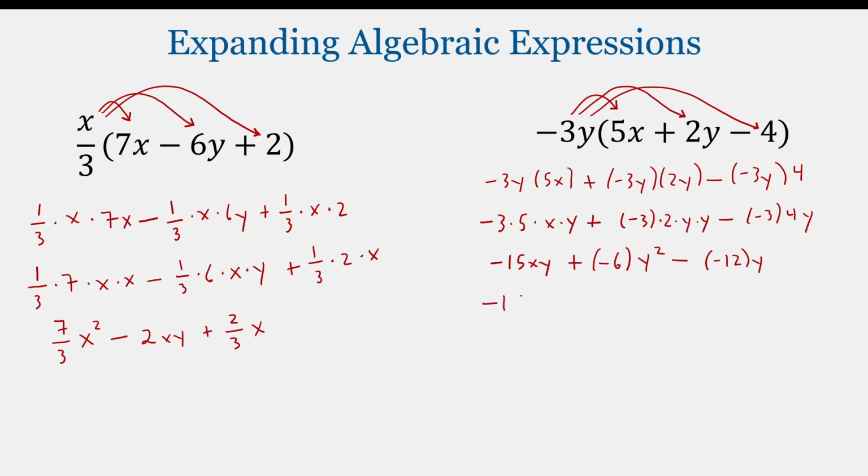So negative 15xy. Plus a negative, we can change this to subtraction, so we'd have negative 6y squared. Then once again, minus a negative becomes addition, so plus 12y.